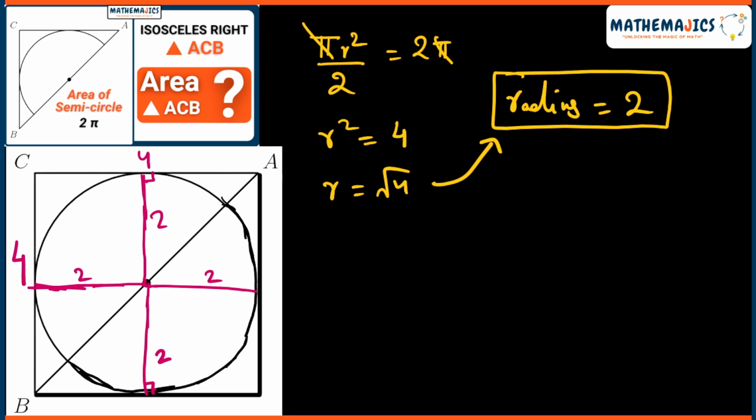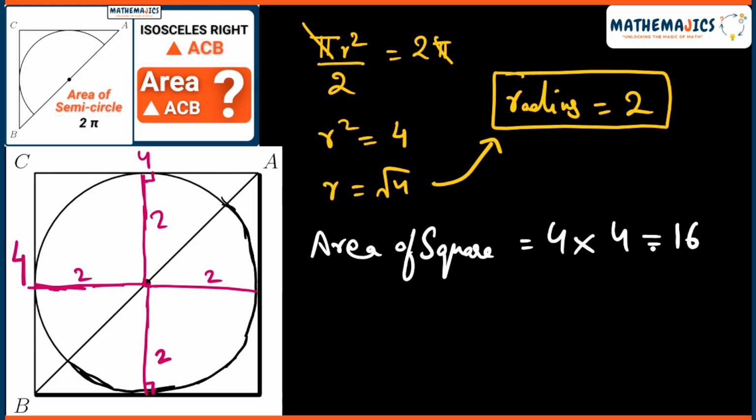So what will be the area of square? Area of square will be 4 times 4, which is 16. But we do not want the area of square. We need the area of triangle ACB.